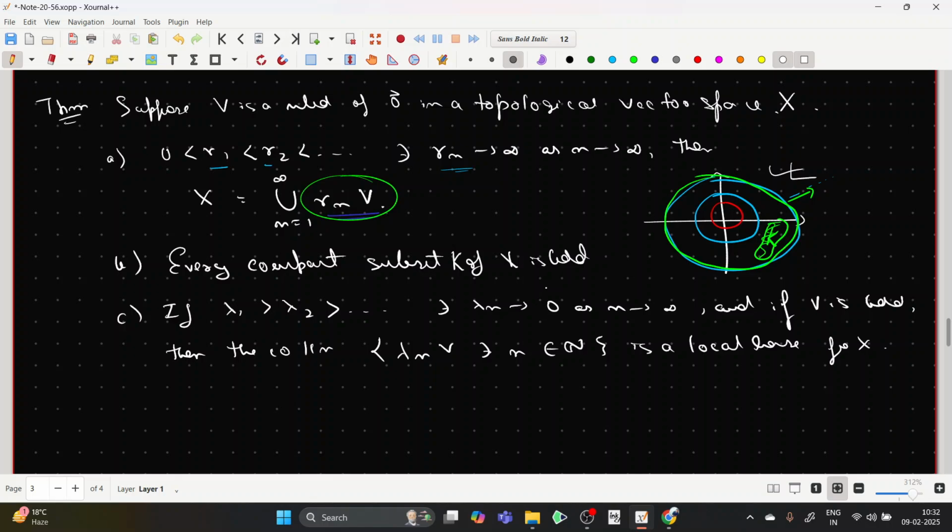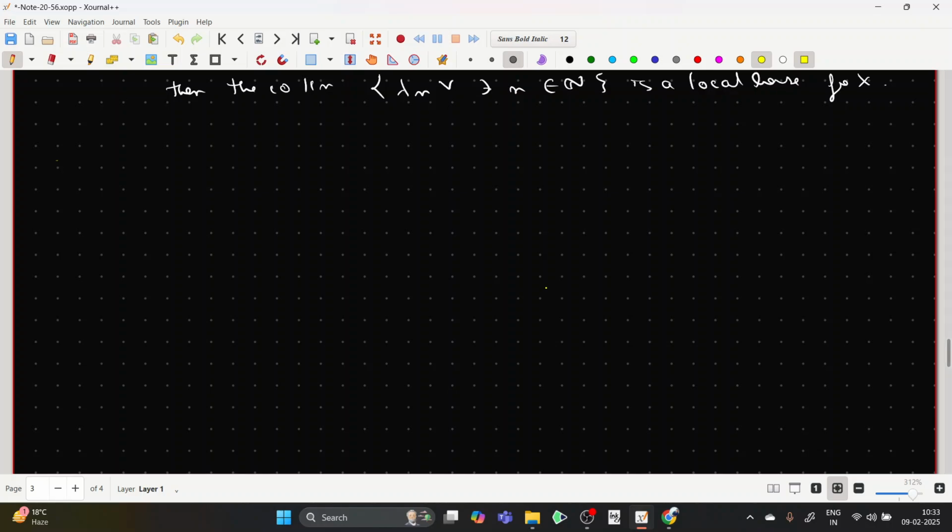Okay, now let's quickly prove it. Number A. So what does it say? It says that I need to show that if I choose an increasing unbounded sequence of the scalars, then I can cover X by taking the union of the scaled neighborhood V, right?